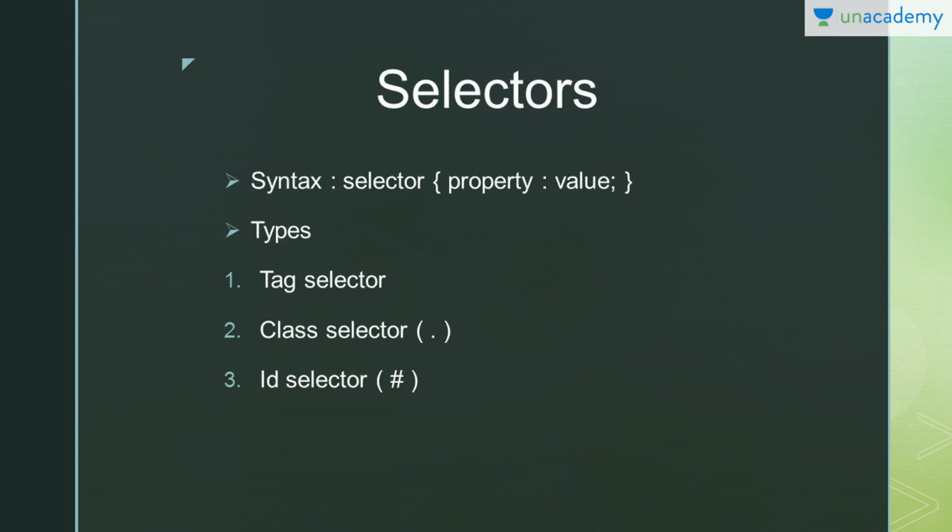And next is selectors. So this is a part of cascading style sheets, okay? The syntax is basically that first you will remember one thing, that you will be writing everything about selectors under the style tag, okay? And that style tag has to be under the head tag. So its basic syntax is this: first you will write the selector, and then the property, and then the value for it.